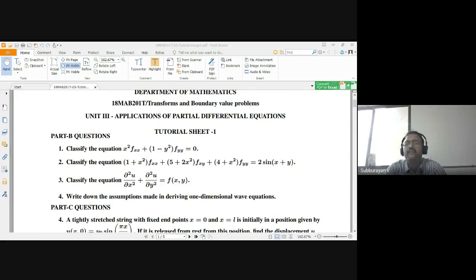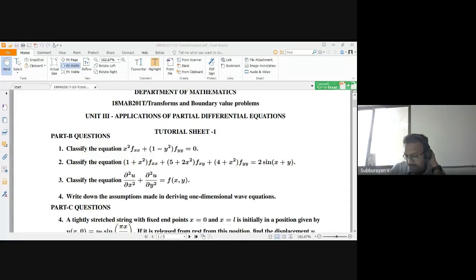If you are interested to go for MTech program, definitely you have to study this equation because there are a lot of applications of this equation.